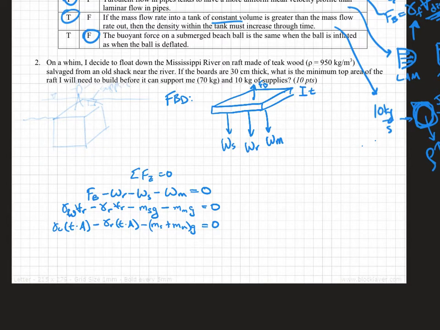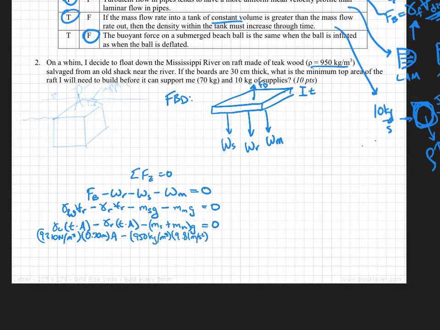So the gamma of water is kind of hard, right? Because they didn't give us gamma; they gave us rho. So we'll use gamma of water here. What units are we using here? We're using 9810 newtons per meter cubed, times the thickness, which we know to be 0.30 meters, times the area, minus the gamma of the raft. Now the gamma of the raft is 950 kilograms per cubic meter times gravity, 9.81 meters per second squared.